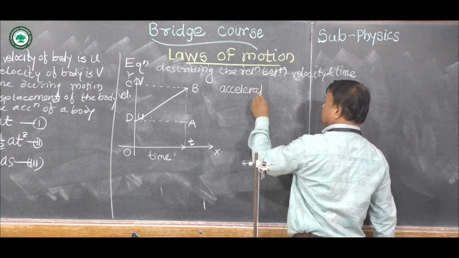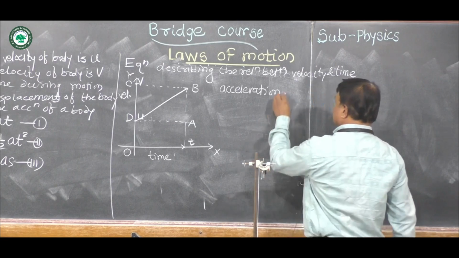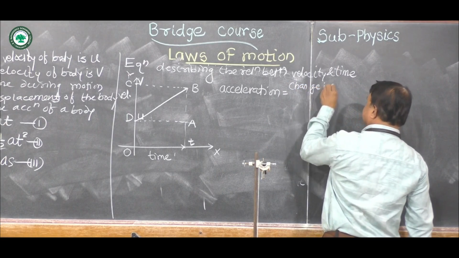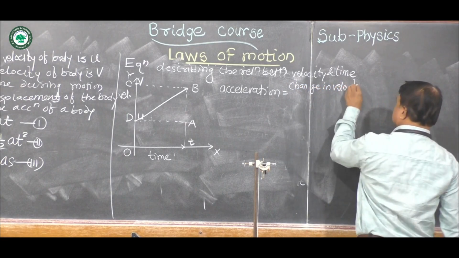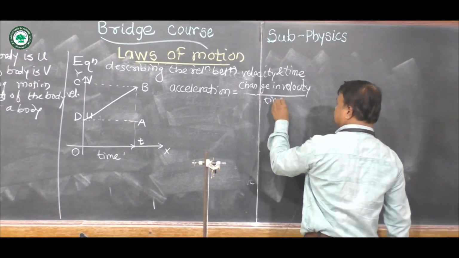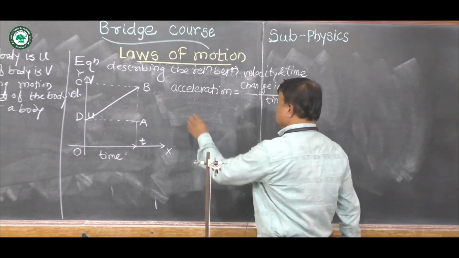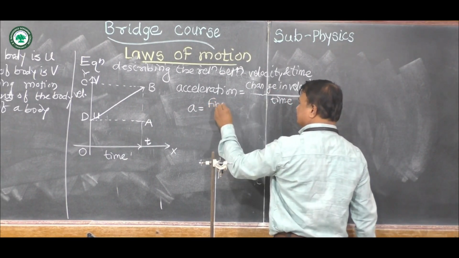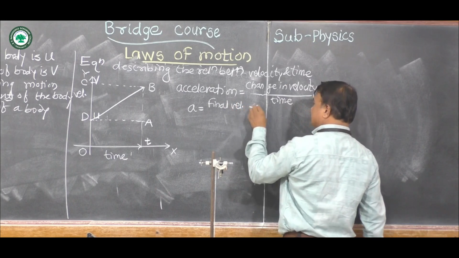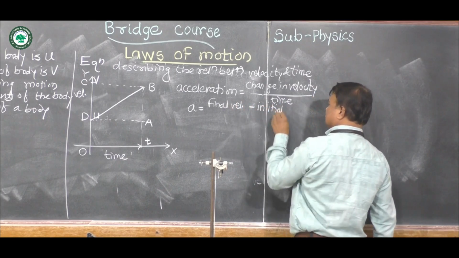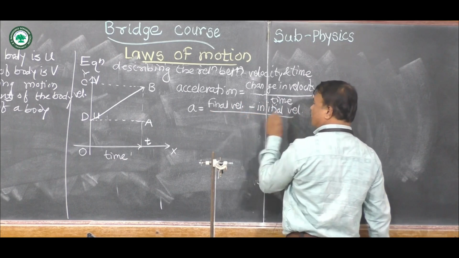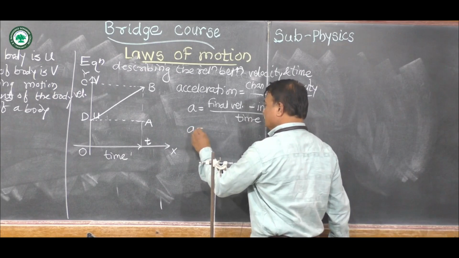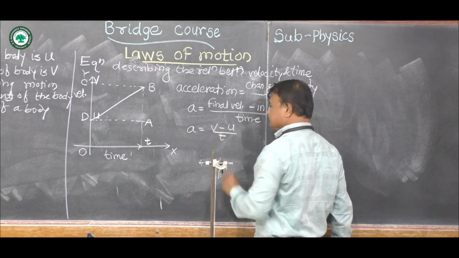Acceleration is equal to change in velocity upon time. So a is equal to change in the velocity, means final velocity minus initial velocity, upon time. So we get a is equal to v minus u upon t.